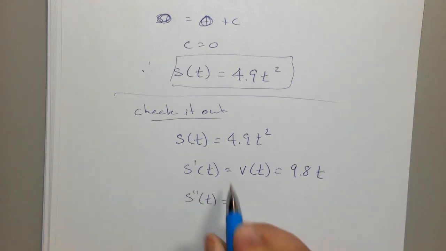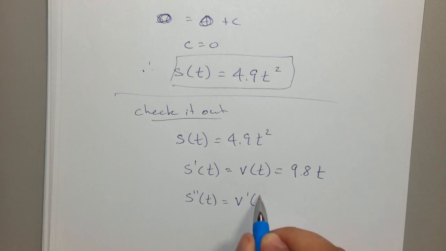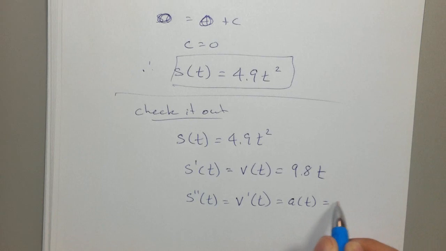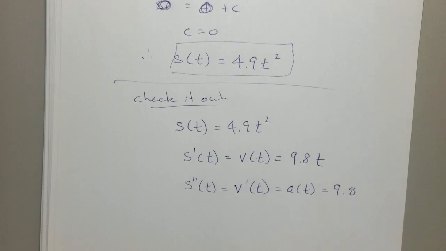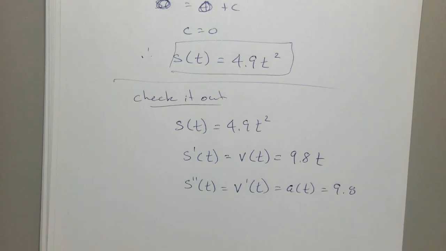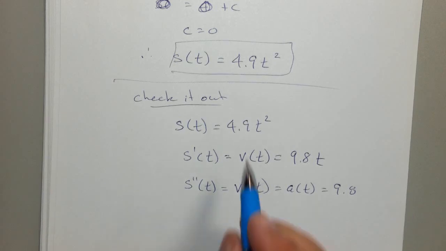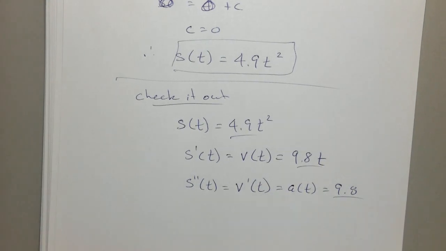Take the next derivative, the first derivative of v equals the acceleration, which is 9.8. It has a constant acceleration. So it works.